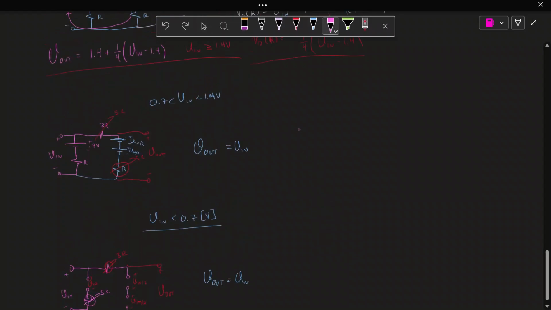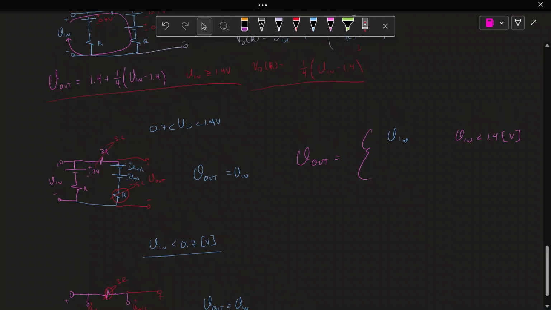So according to our analysis here, we have V out equals Vin for Vin less than 1.4. It has to be less than. If it becomes equal to, both the diodes next to V out will start conducting. So then what we have is V out is equal to Vin.